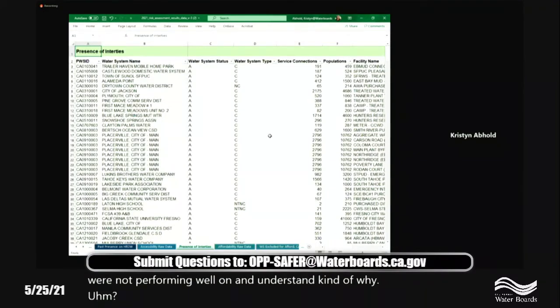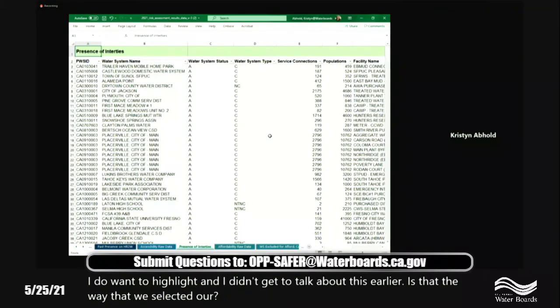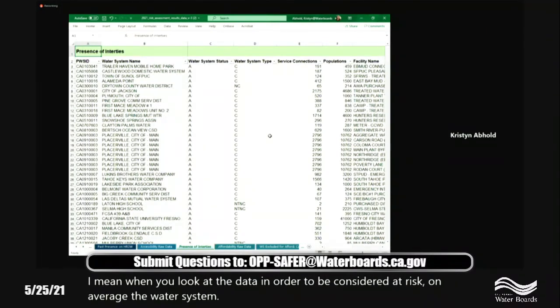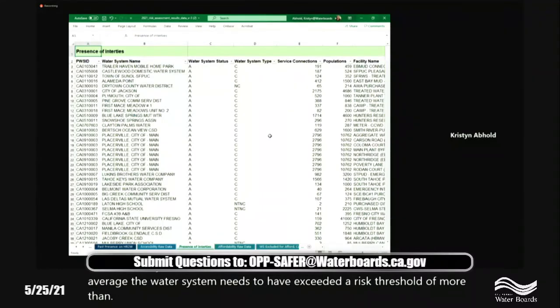I do want to highlight, and I didn't get to talk about this earlier, the way that we selected our final risk assessment threshold of a score of 1. When you look at the data, in order to be considered at risk, on average, the water system needs to have exceeded a risk threshold of more than 6 or 7 risk indicators.